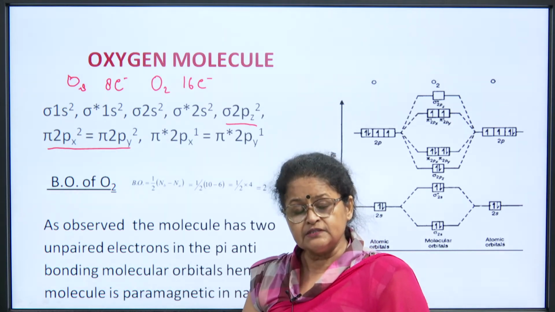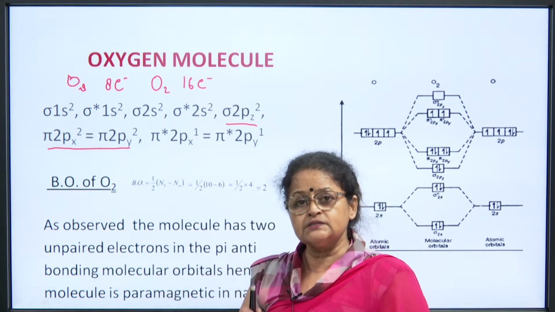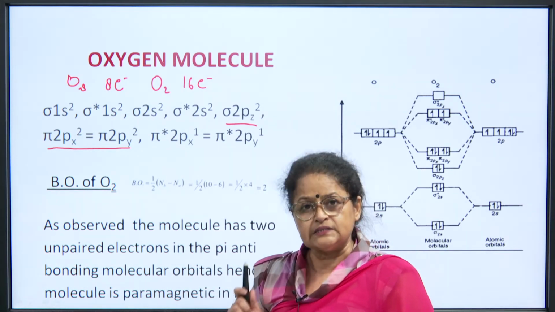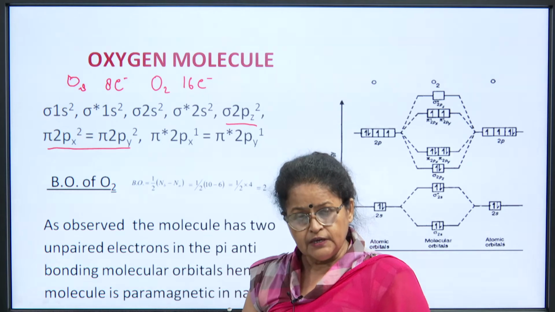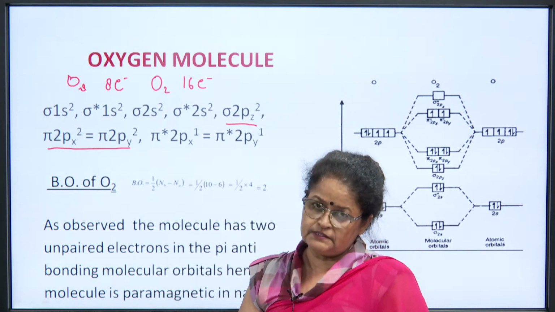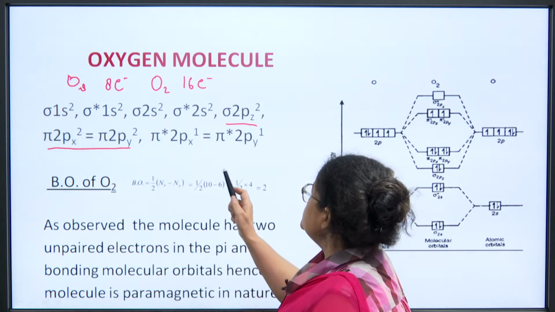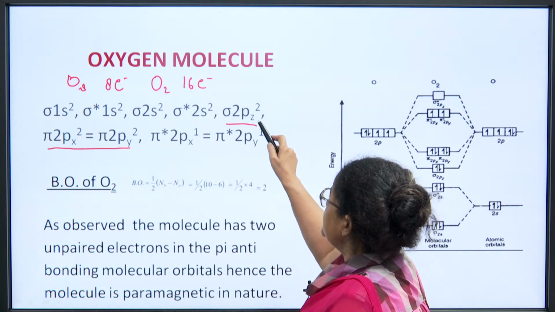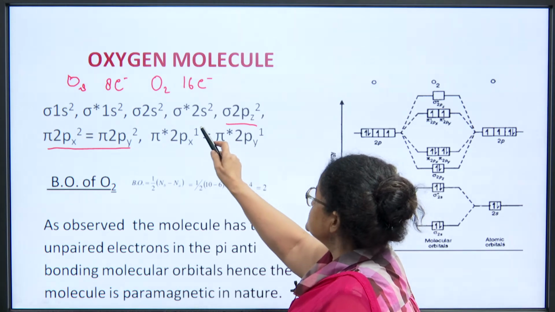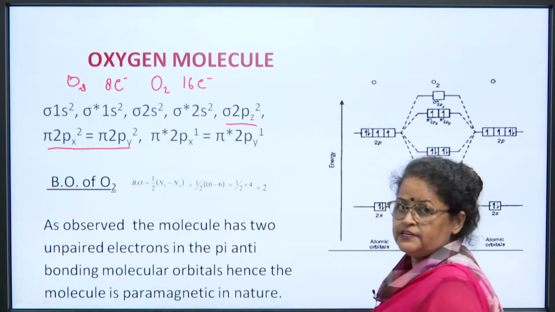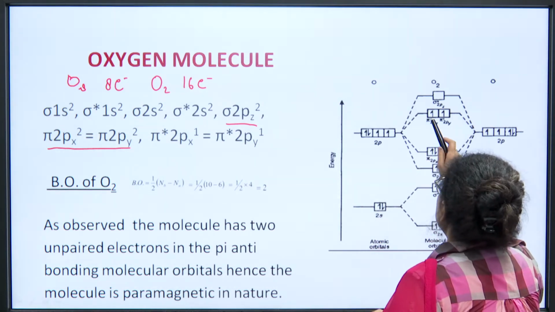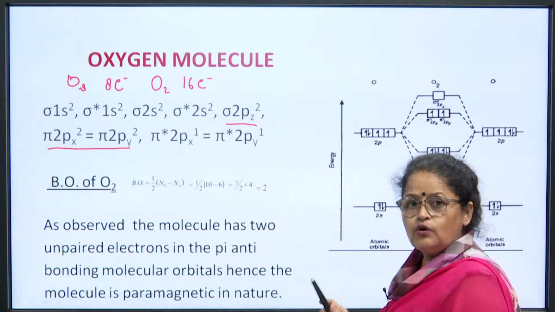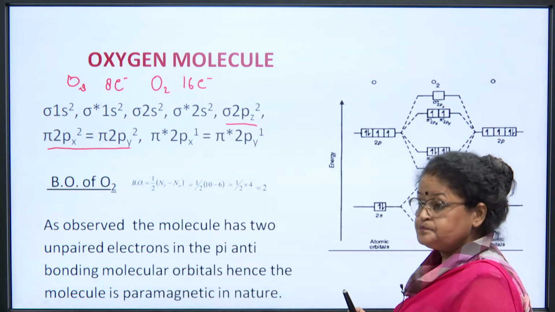So, what happens is that when the orbitals are of the same energy, they are first occupied singly, and then the pairing takes place. Therefore, pi star 2px equals pi star 2py, being singly occupied, there are two unpaired electrons found in the oxygen molecule.